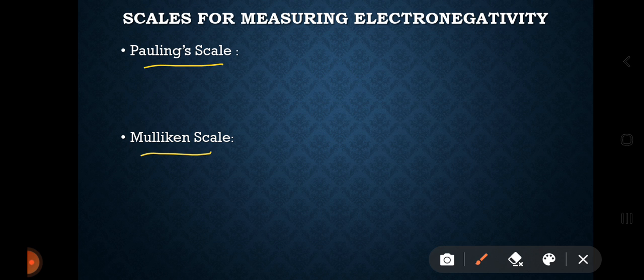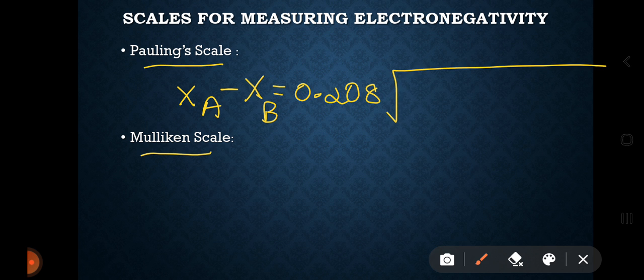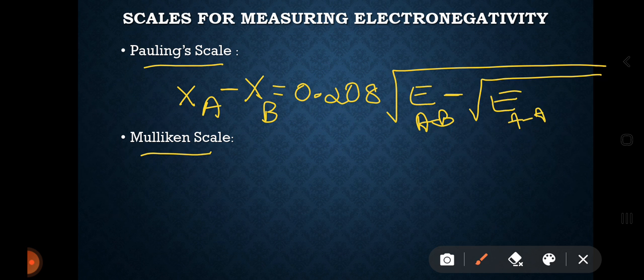According to Pauling, he has given a formula: XA minus XB, that is electronegativity of A minus electronegativity of B, is equal to 0.208 into square root of bond energy of A minus B minus square root of bond energy of A into bond energy of B.